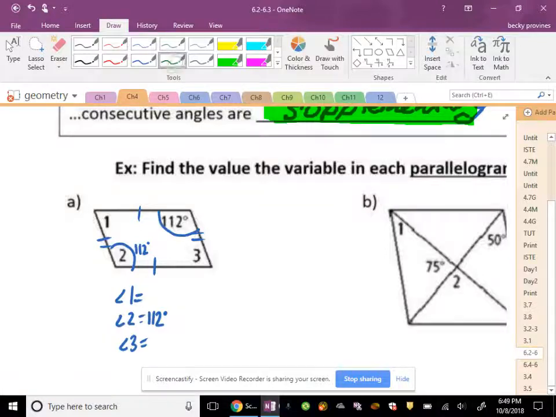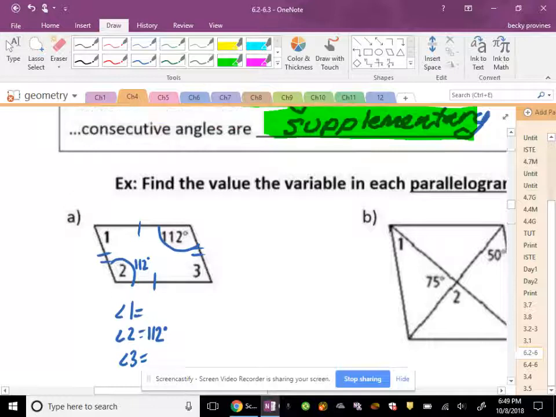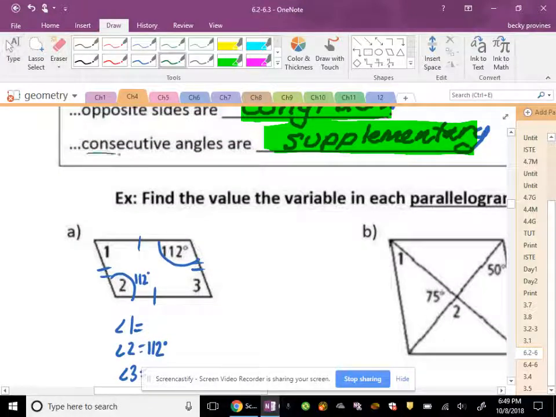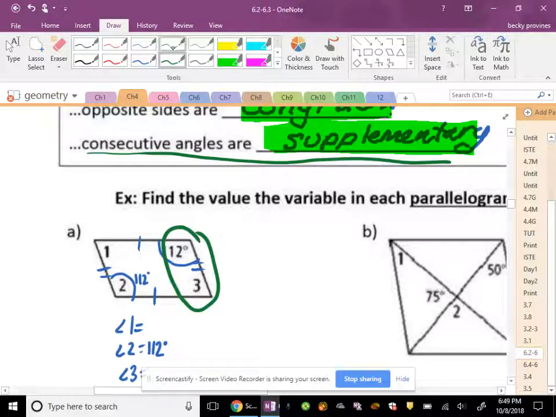So to find angle 1 and 3, we're going to use the rule that's right here above. This is consecutive angles are supplementary. So that means two angles side by side like this, they're going to add up to give you 180 degrees.